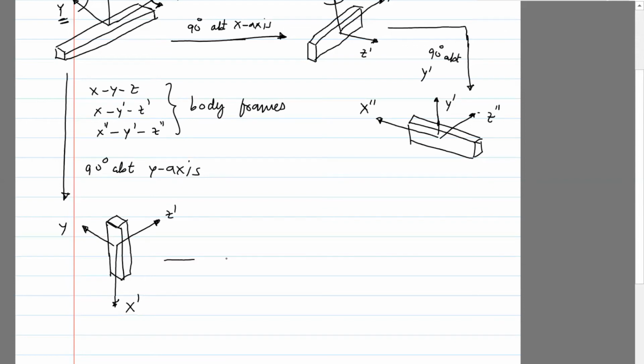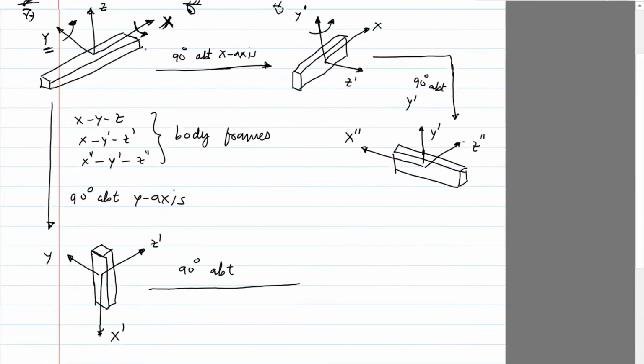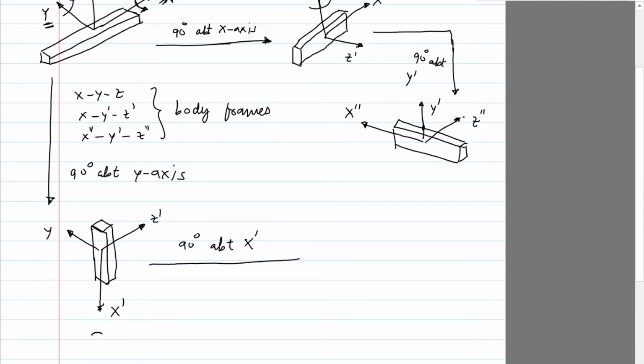And now we'll do the final rotation, which is 90 degrees about the new x-axis. So that will be x prime. So again, when you're doing it, you need to observe this from here. And then you'll see that it's to be done this way.